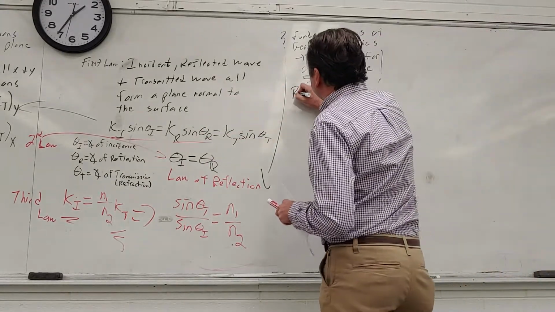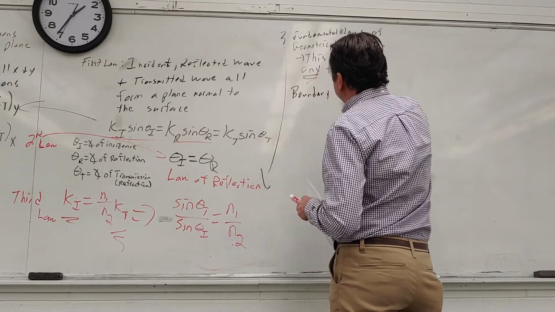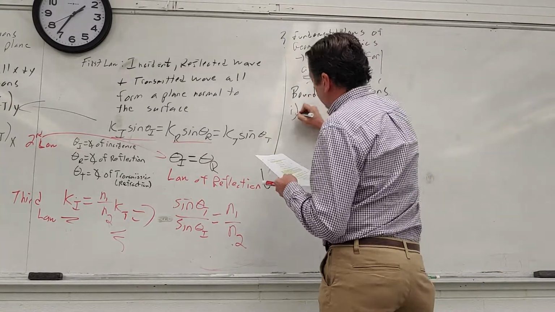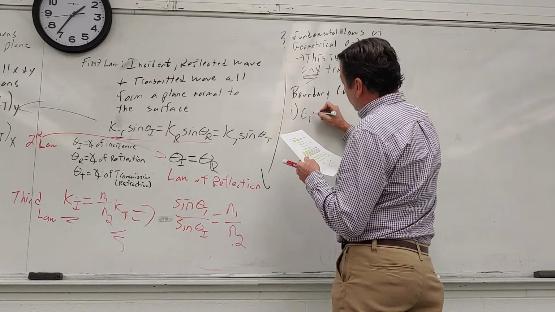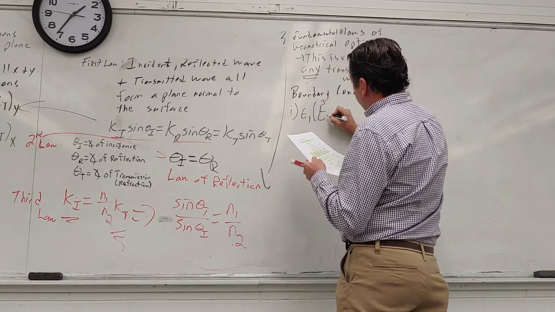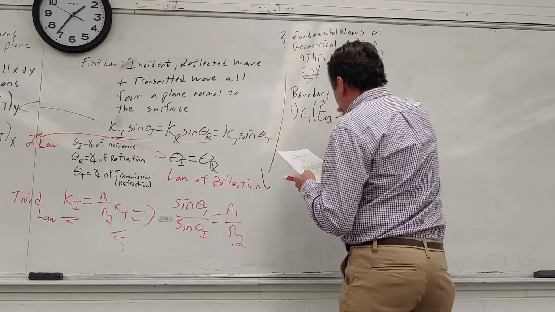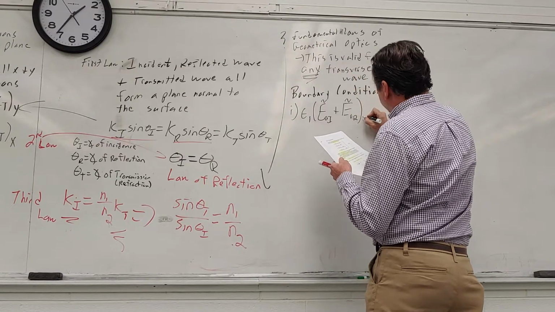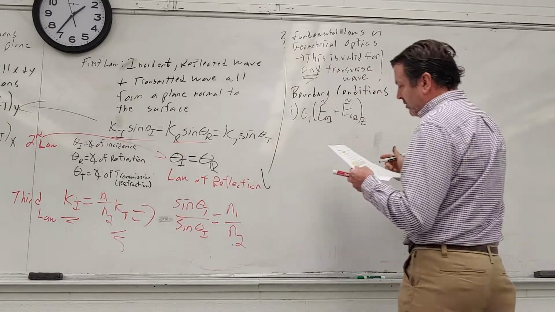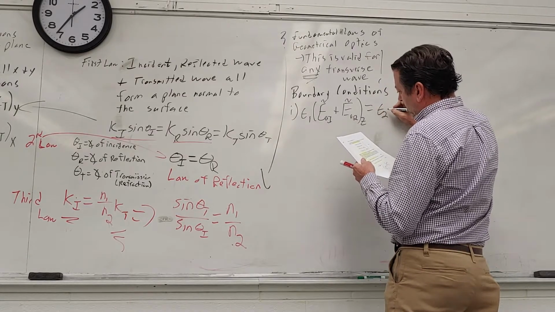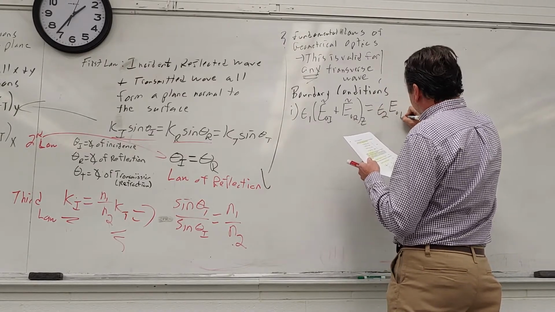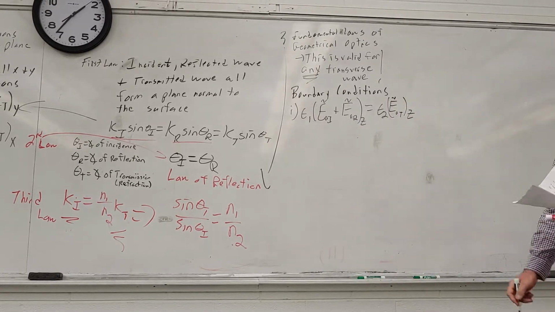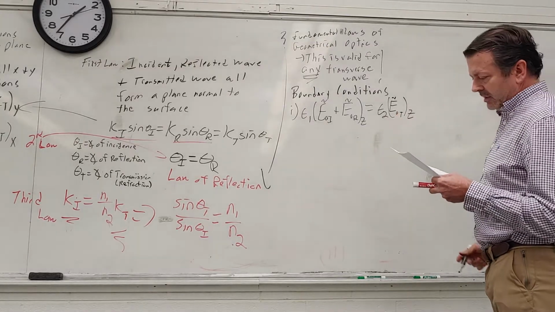So the boundary conditions that we've got to look at, the boundary conditions for these electromagnetic waves, are, let's see, epsilon 1, the permittivity, times the incident electric field plus the reflected electric field in the z direction. This is in the direction of propagation. There's the permittivity, and the magnitude of that electric field vector in the z direction.